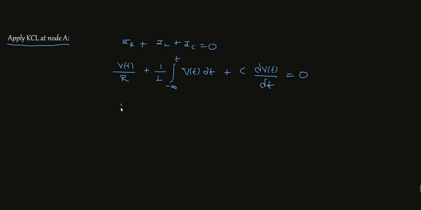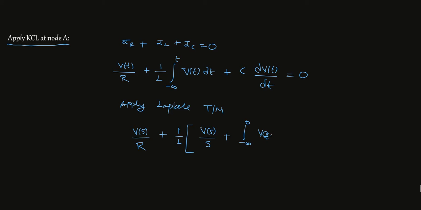Now apply the Laplace transformation here. V of t will become V of s, so we get V of s by R, plus 1 by L, which will be a constant, times the Laplace transform of the integration, which we already know: V of s divided by s plus the integral from minus infinity to 0 of V of t dt divided by s.